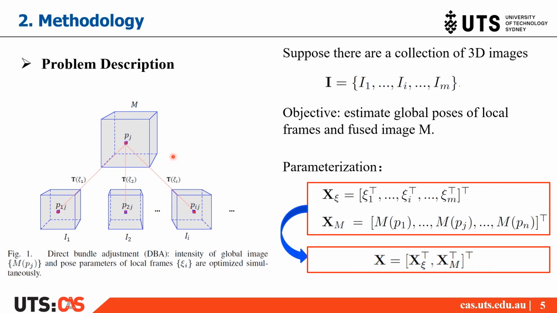We parameterize the pose attached to each 3D image with a 6-variable Lie algebra, and denote the intensity of one voxel pj in the fused image m as a function of its coordinates, that is, m(pj). Here, x is the overall state vector, where xk and xm are collections of all pose parameters and all intensities in the fused image m, respectively.